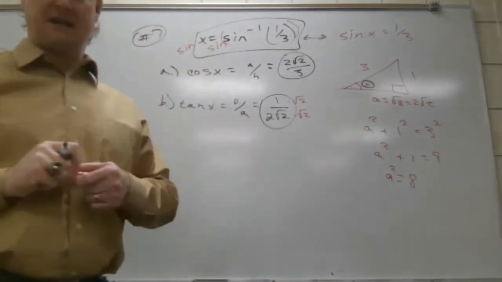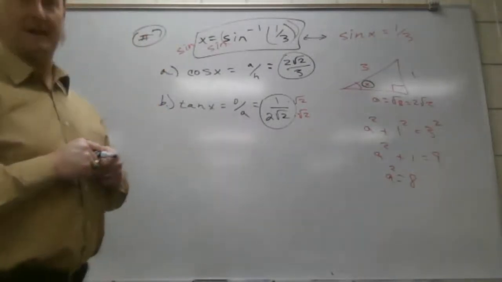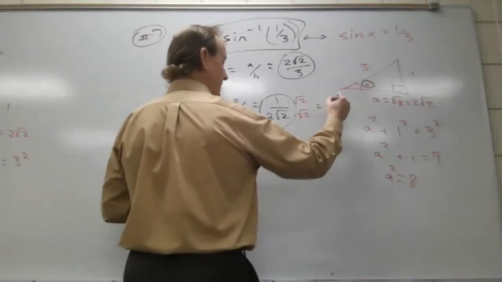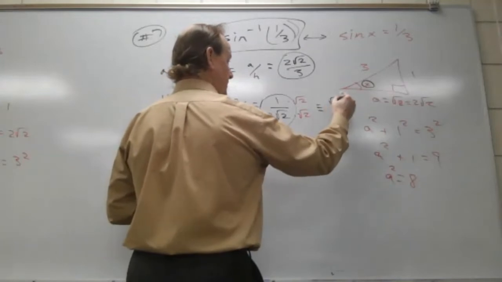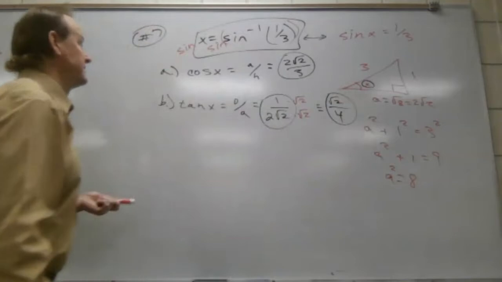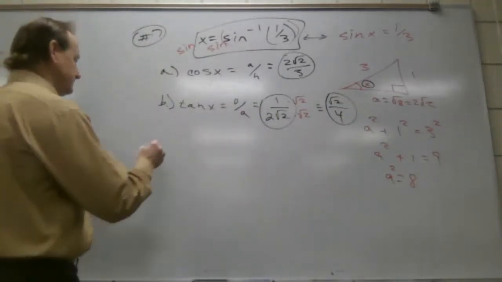The reason we rationalize something is to do what? Do you remember from Calc 1? Find a limit, which, yeah, could be to find a derivative. This is equivalent to square root 2 over 4. Either one of these. Biggest thing is this is not exercise number 7. We want to make sure we match the answer in the back of the book, right?